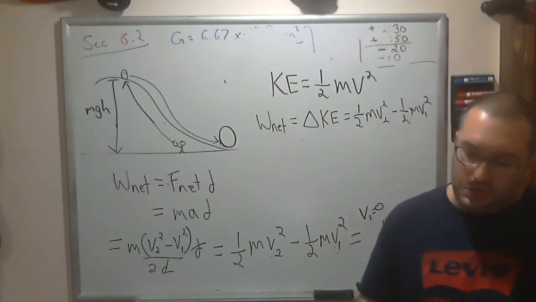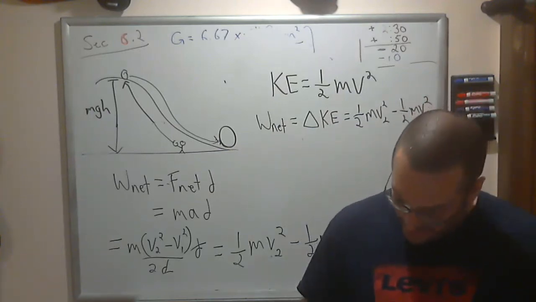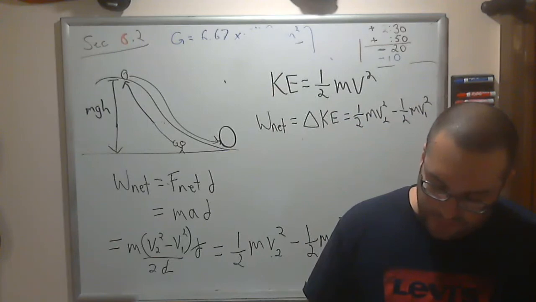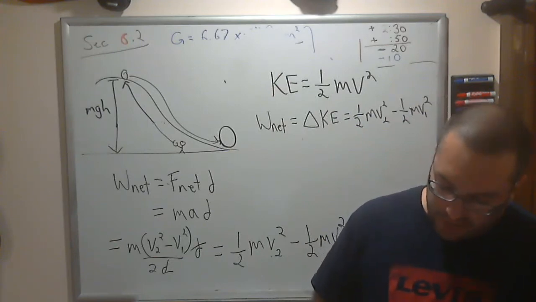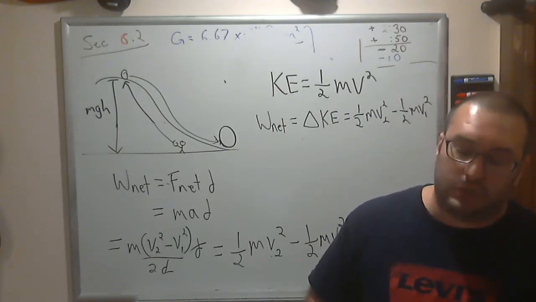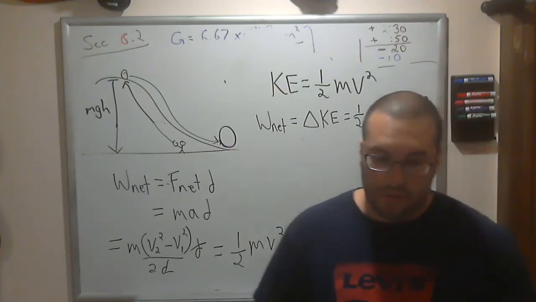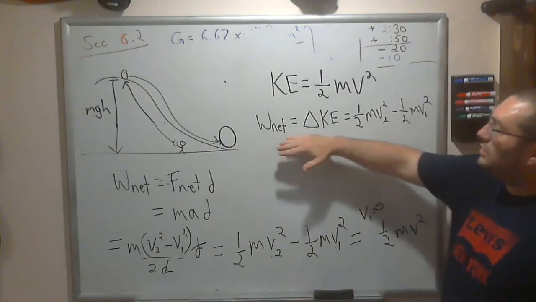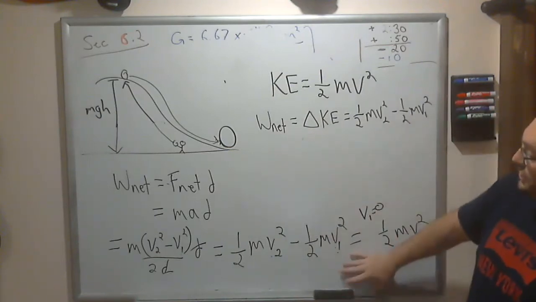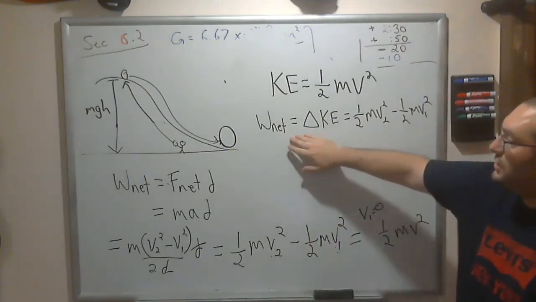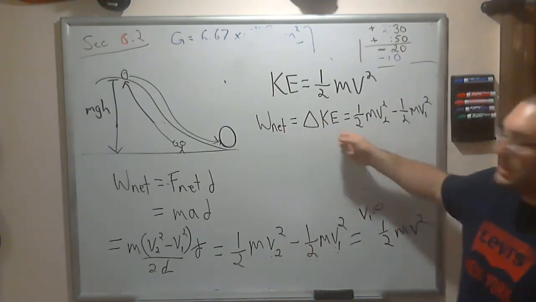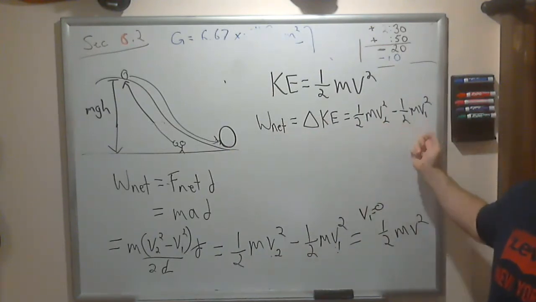The work energy principle, on page 173, states that the net work done on an object is equal to the object's change in kinetic energy. We just literally derived it. So the net work done on any object can be measured by its change in kinetic energy.